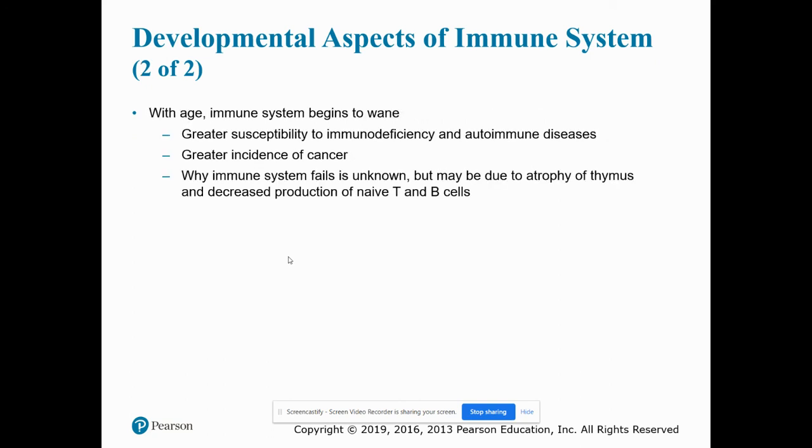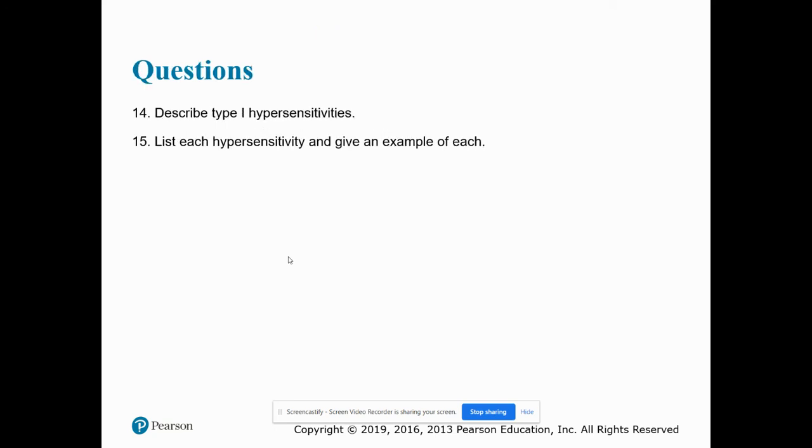As we age, the immune system begins to wane. We have greater susceptibility to immunodeficiency and autoimmune disease, greater incidence of cancer, and why the immune system fails is unknown, but it could be due to the atrophy of the thymus and decreased production of naive T and B cells. Those are your questions.